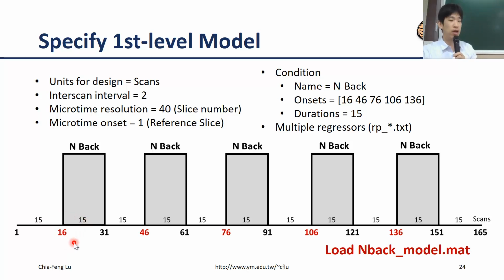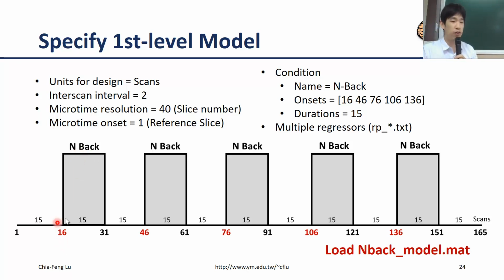Okay, and the onset time point is, this is the first scan, and then after 15 scans, at the 16th scan, the subjects will start seeing the 6-digit number on the screen and perform the 2-back task.